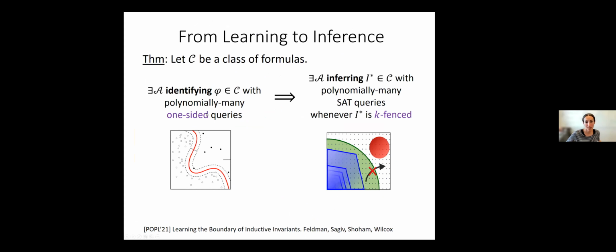Okay, what we get from it is that if there exists a learning algorithm that can identify formulas in some concept class C efficiently using queries that are one-sided, then we can take this algorithm and transform it into an invariant inference algorithm that infers inductive invariants in the same class of formulas also efficiently whenever the invariant is k-fenced, which is another condition.